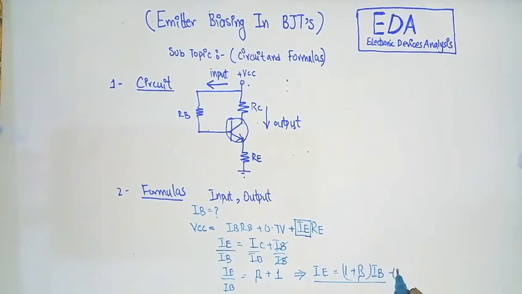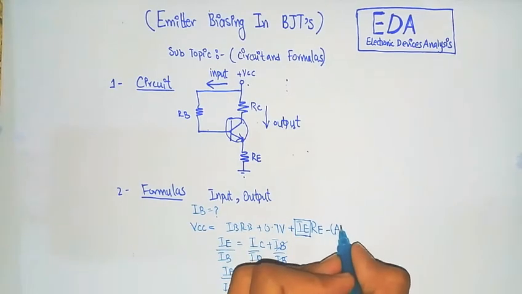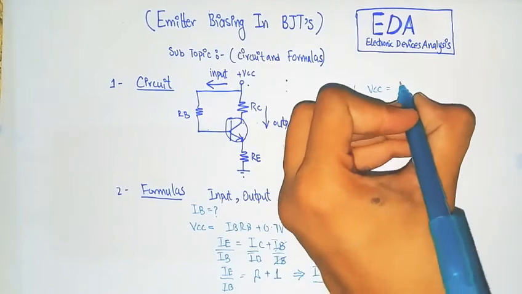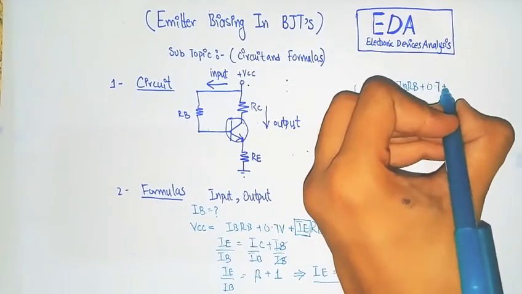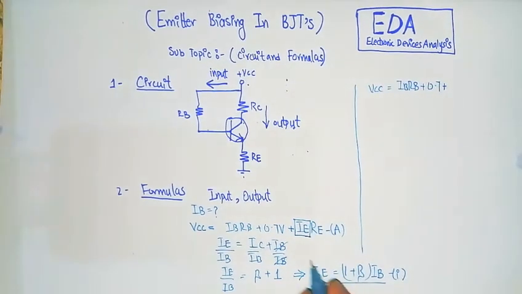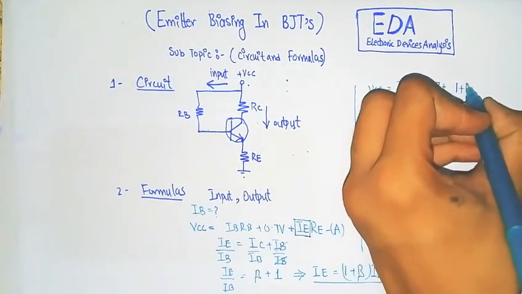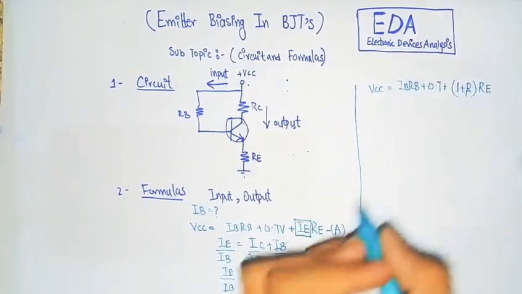So put equation number 1 in this equation number A. So VCC will be equal to IB into RB plus 0.7 volts plus IE, which is 1 plus beta times IB, times RE.